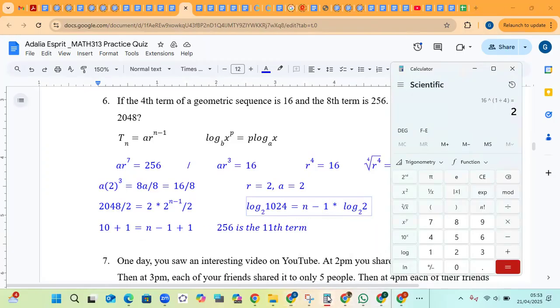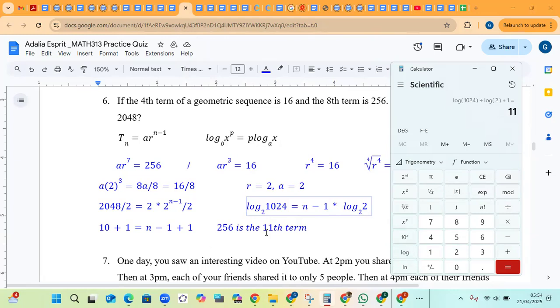I'm going to use log to the base of 10. So I'm going to find log 1024 divided by log 2, and I'm going to add 1, and we get 11.